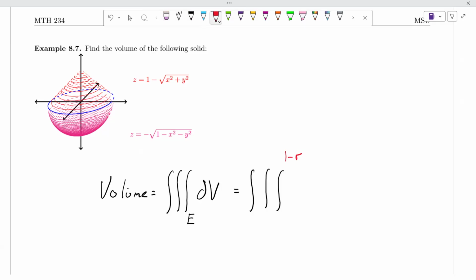The pink expression on the bottom looks to me like it is negative the square root of 1 minus r squared, because it's negative right there. dV, of course, has r times dz dr d theta. And I just need limits for my two remaining variables.